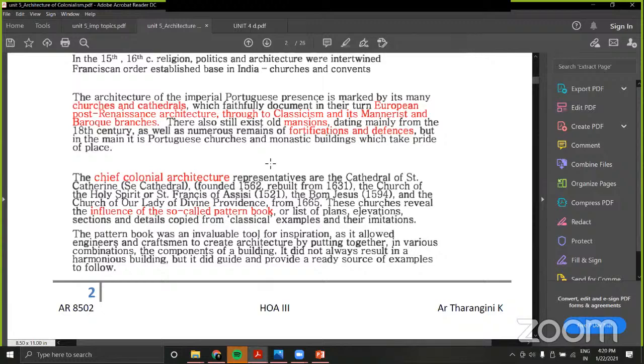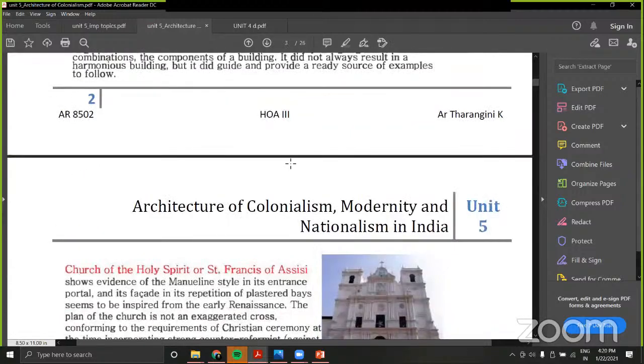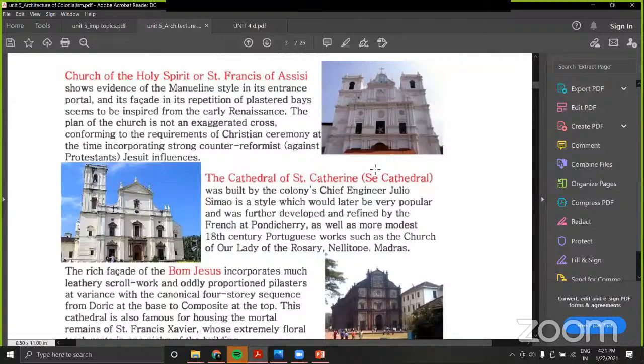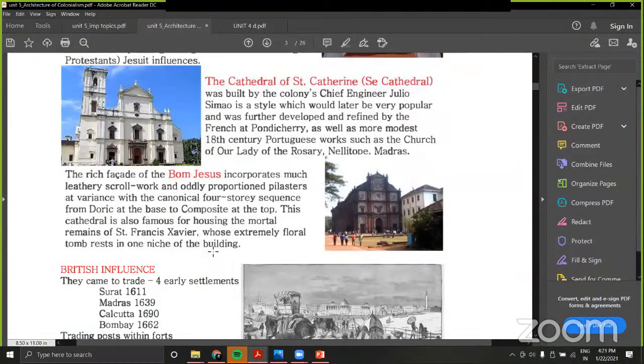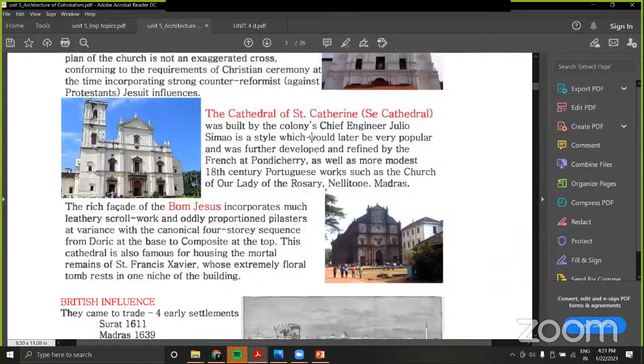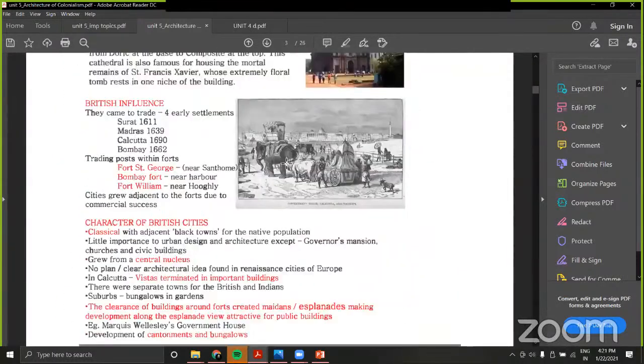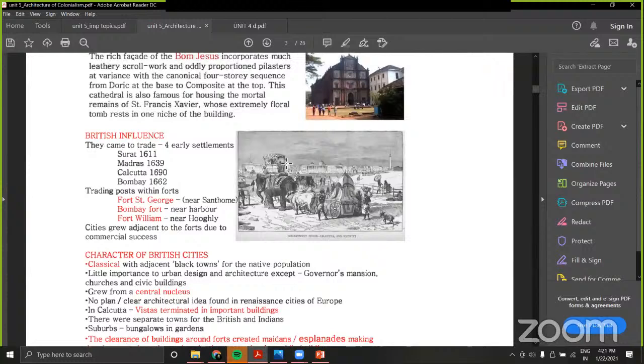We all studied Baroque and Rococo styles and the Renaissance styles last semester. These all came to India in the Portuguese period. As examples, there are the Church of the Holy Spirit and Francis of Assisi, and the Cathedral of Saint Catherine, and these came in the Portuguese and French influence period. After that came the British influence.